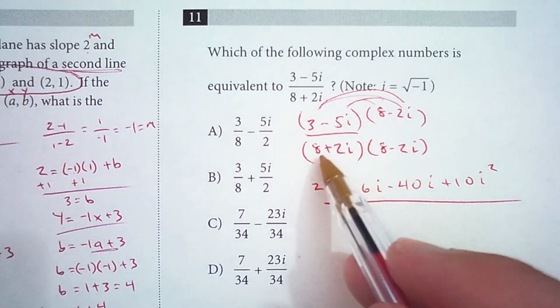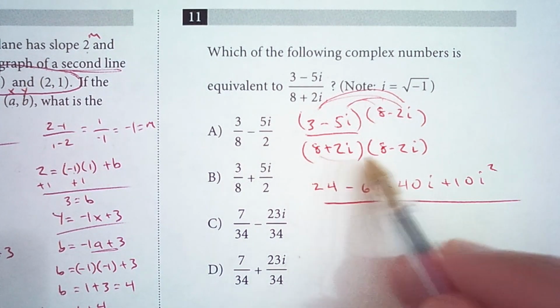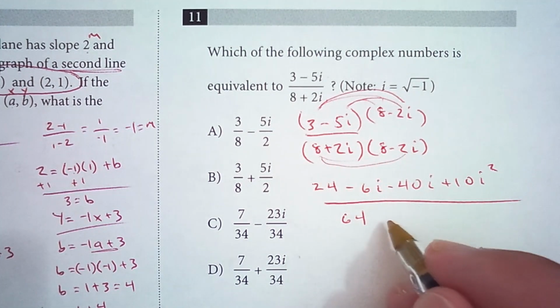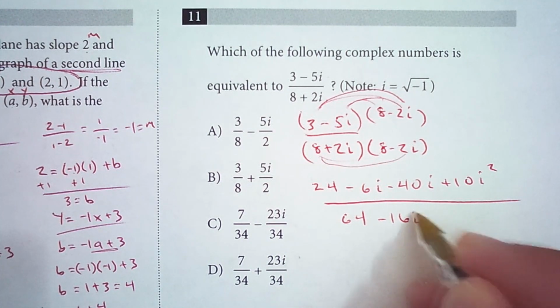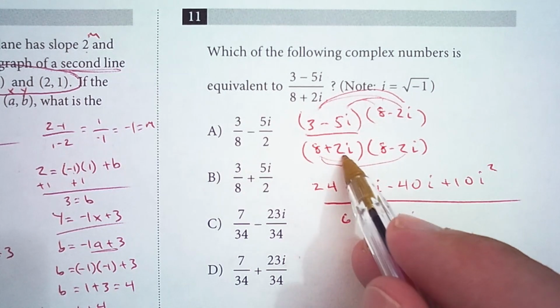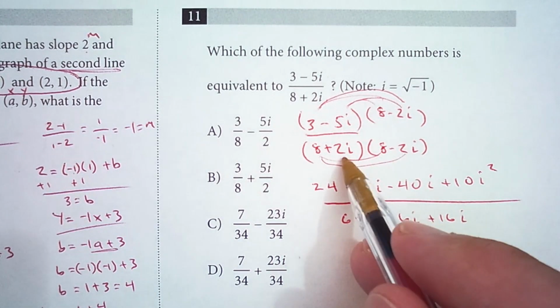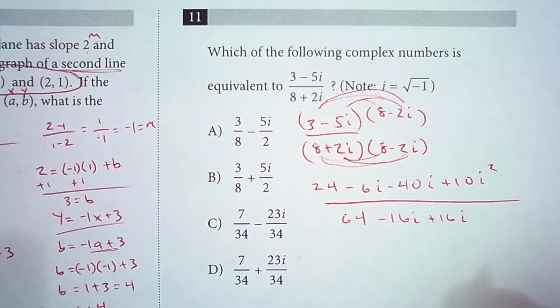Then in the denominator, we've got 8 times 8, that's 64. 8 times negative 2i, that's negative 16i. 2i times 8, that's positive 16i. And 2i times negative 2i, and that is negative 4i squared.